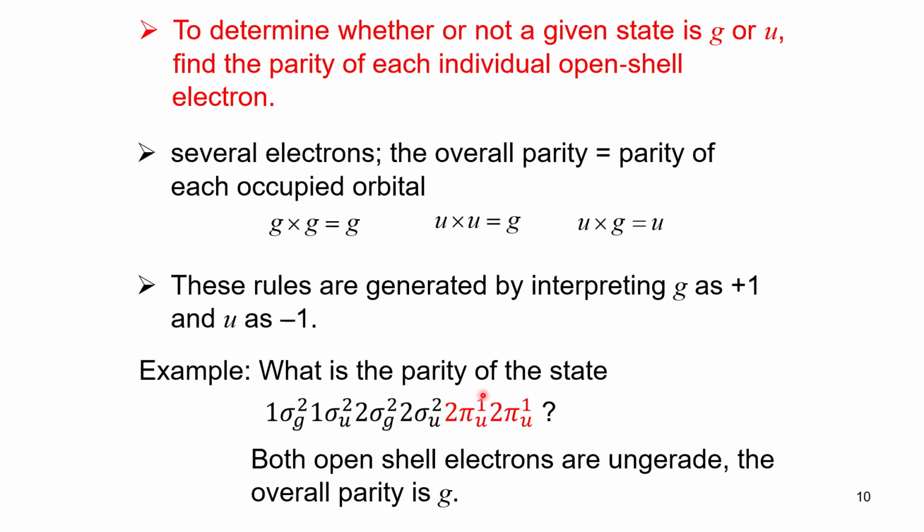And lastly, you have 1 electron in the pi bonding and another electron also in the pi bonding. We only consider the parity for these 2 electrons in the open shell. Both of these electrons occupy the pi molecular orbital, which has the parity of u. So u multiplied by u gives g. Therefore, the parity of the overall configuration is g.